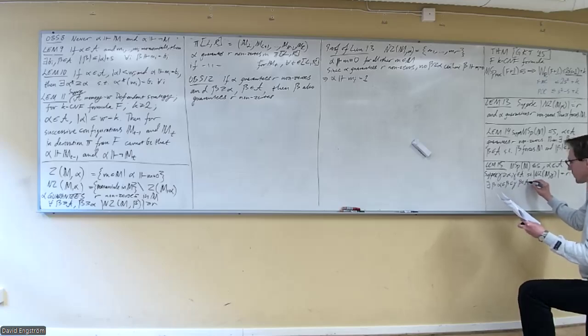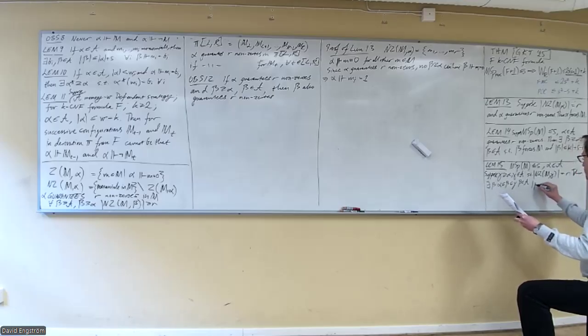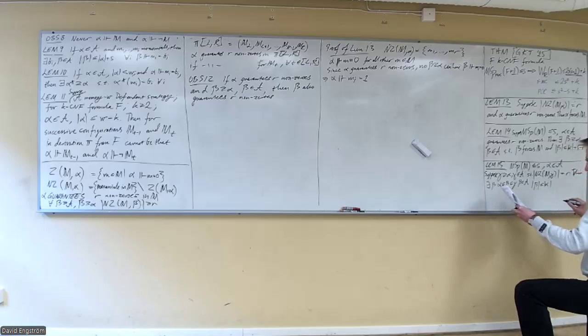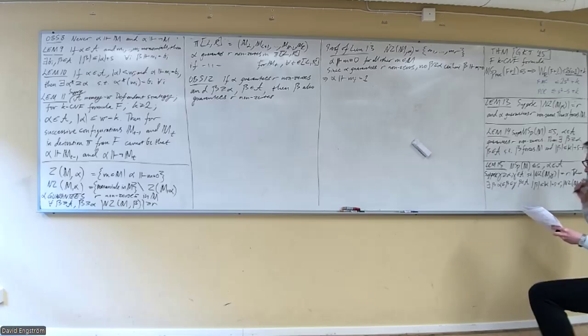Beta is also in the family. Beta has size at most alpha plus S minus R, and the same guarantee with respect to non-zeros as for gamma. The number of non-zeros is R.